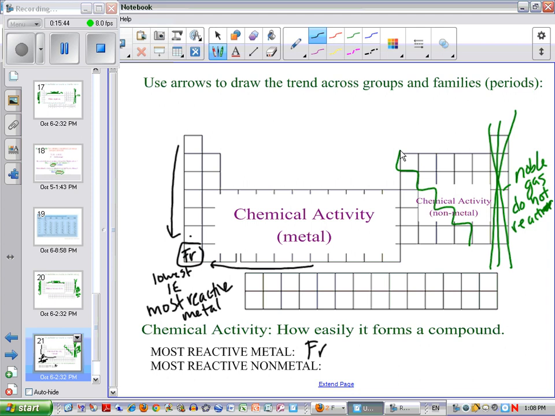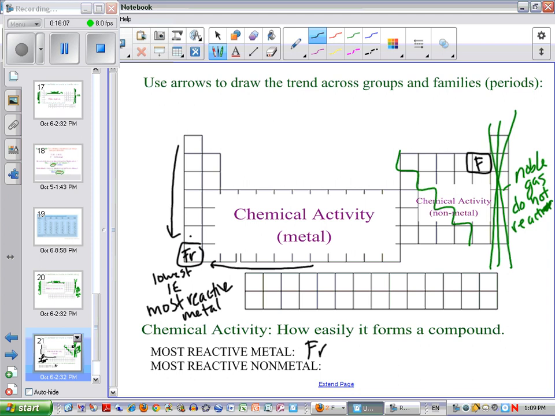For our nonmetals, let's look at electron affinity. Remember, nonmetals are trying to gain electrons. Electron affinity is how much energy is involved in gaining an electron. Who has the highest electron affinity? Who really, really wants to gain an electron? It decreases going down, it increases going across, so fluorine.